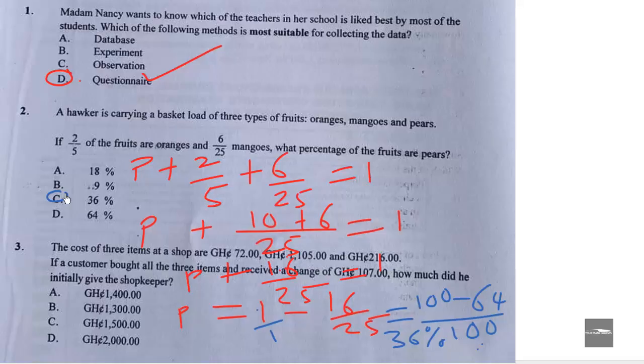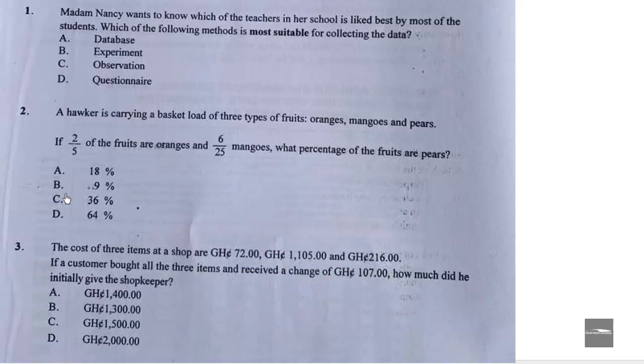Now let's look at question number 3. The costs of 3 items at the shop are Ghana cedis 72, 105 Ghana cedis and 216 Ghana cedis. If a customer bought all the 3 items and received a change of 107, how much did he initially give the shopkeeper?